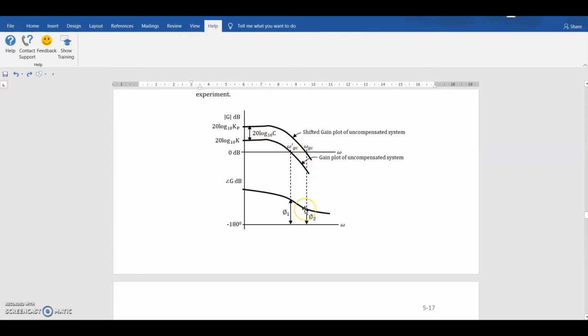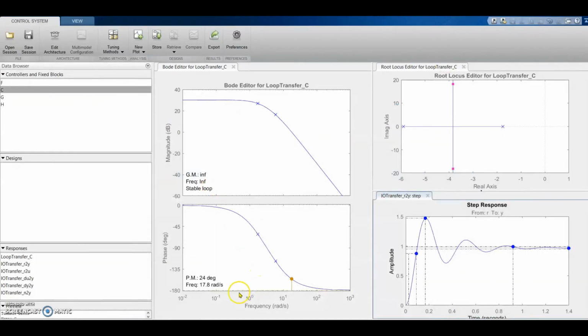At omega gc the phase margin is further lower, so the phase margin reduces, which we do not want. The phase margin has gone to 24. Now we will design our lag compensator to compensate the phase margin. Initially it was around 30, now it has become 24, and let's say we want our phase margin to be 50 degrees, or let's say 60 degrees.